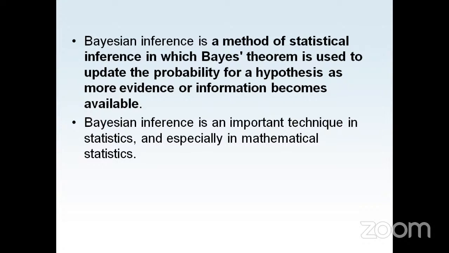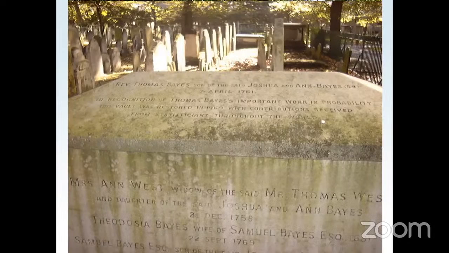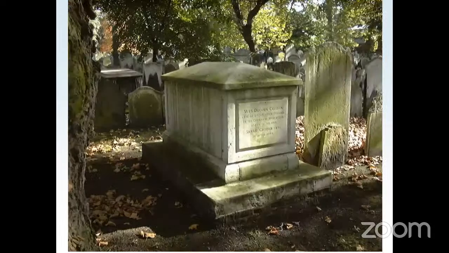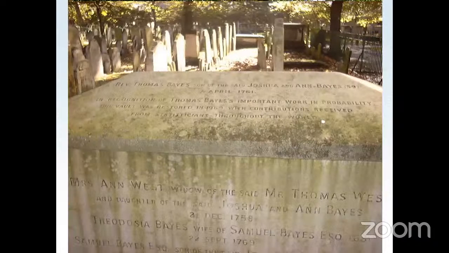So basically, Bayesian inference is a method of statistical inference in which Bayes theorem is used to update the probability for a hypothesis as more evidence or information becomes available. In the first slide, you have just little information, and you have much more information given here.